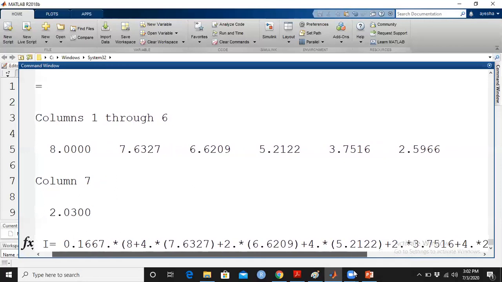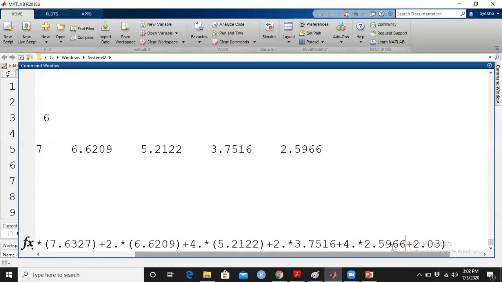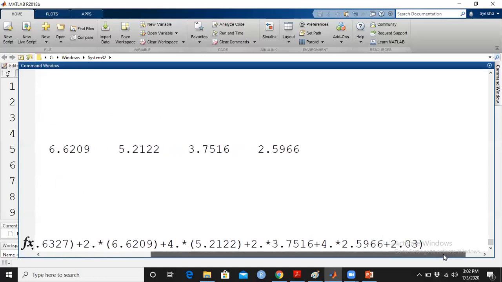Let me first cross-check whether my formula is correct. I had to write (b minus a) divided by 3n, or h by 3, outside the bracket. Then I will have f(a) plus 4 f(a plus h) plus 2 f(a plus 2h) plus 4 f(a plus 3h) plus 2 f(a plus 4h) plus 4 f(a plus 5h) plus 1 f(a plus 6h), which is actually f(b).